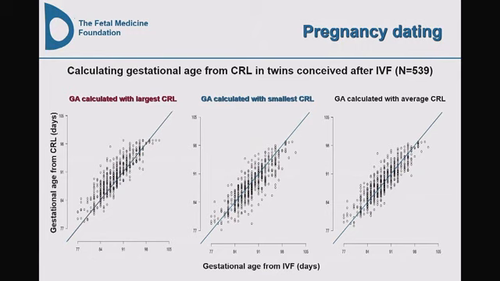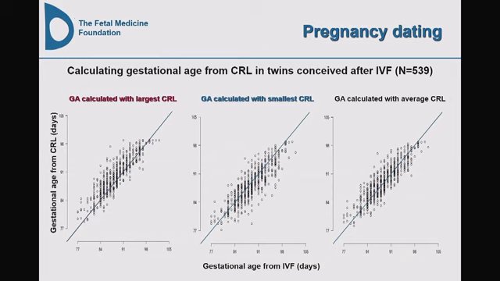So this is data that comes from my unit in Bulgaria, from Dr. Sterev Hospital, which is specialized in infertility treatment. We took 539 twin pregnancies that were achieved via in vitro fertilization, and we found that if we date the pregnancy by the largest CRL, it overestimates.